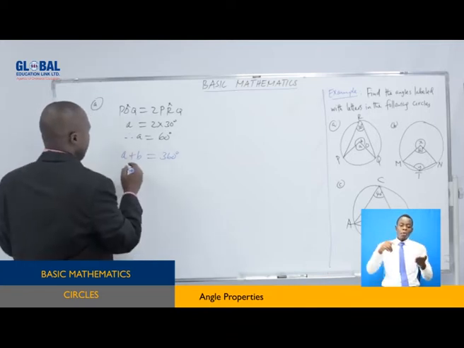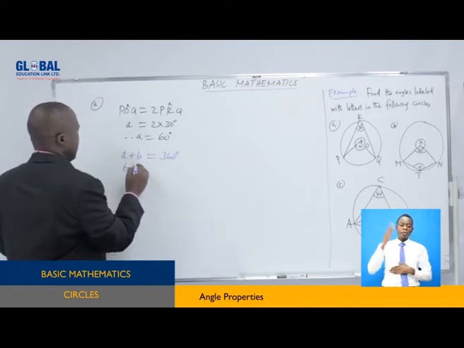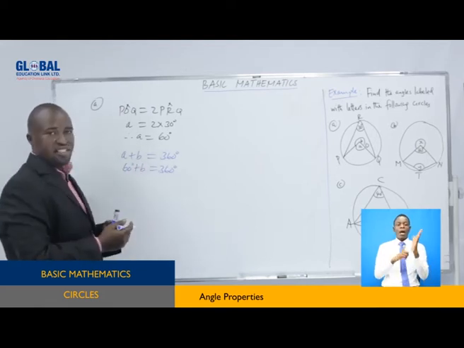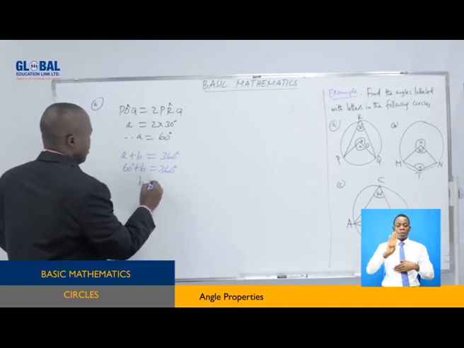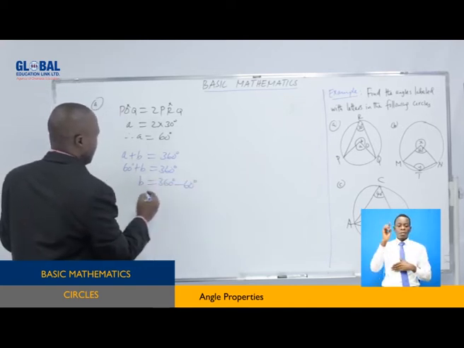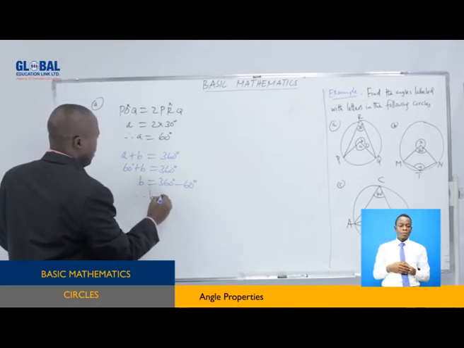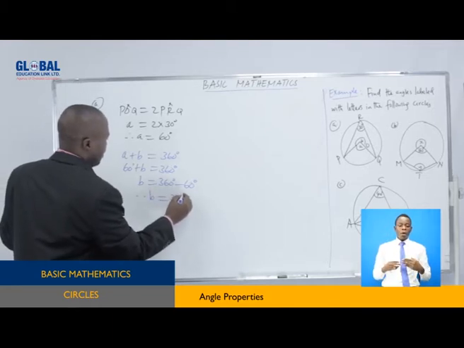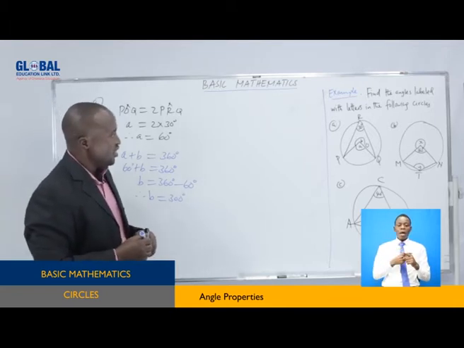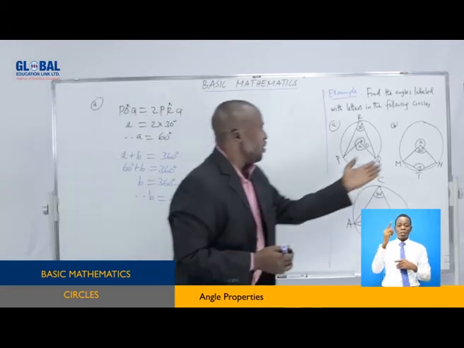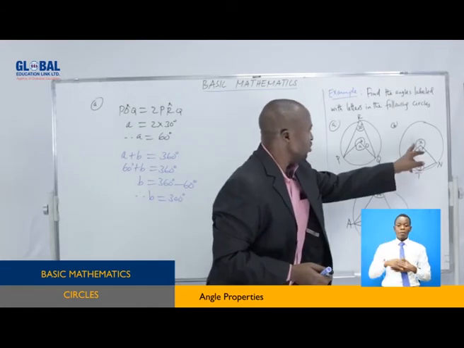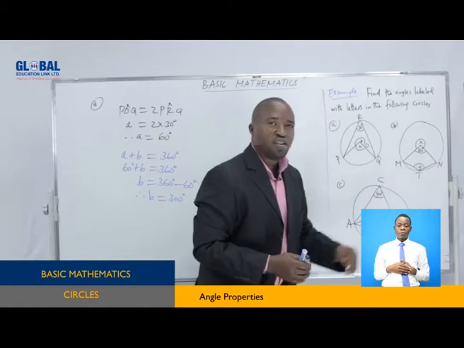Therefore, we have 60 plus B is equal to 360 degrees. So B is equal to 360 degrees minus 60 degrees. Therefore, B is equal to 300 degrees. Then students, let us proceed with the second circle. This time we are supposed to find angle X and angle Y.